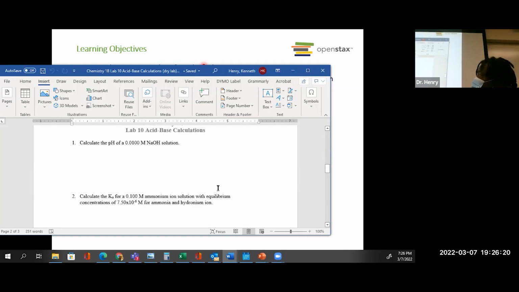So okay, it says calculate the pH of a 0.0100 molar sodium hydroxide solution. How would I do that?